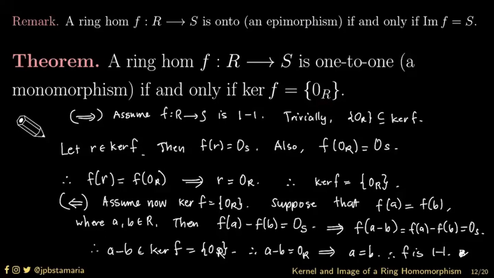The question is if there's some other elements aside from zero that is being zeroed out by F. Kung wala nang iba, maliban dun sa zero, ang zinizero ng F, we can say that the ring homomorphism is one-to-one or monomorphism.